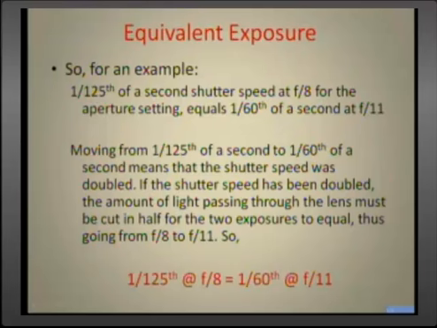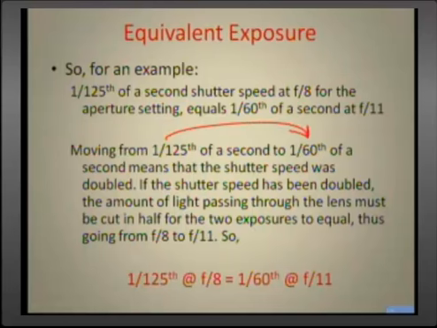When we've doubled the amount of time, we have to do something with the aperture to compensate. So, if the shutter speed's been doubled, the amount of light passing through the lens must be cut in half for the two exposures to remain equal, thus going from f8 to f11.